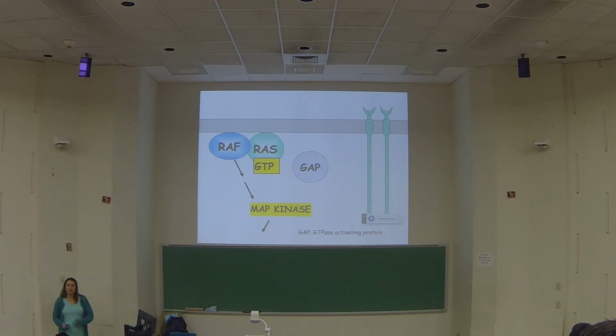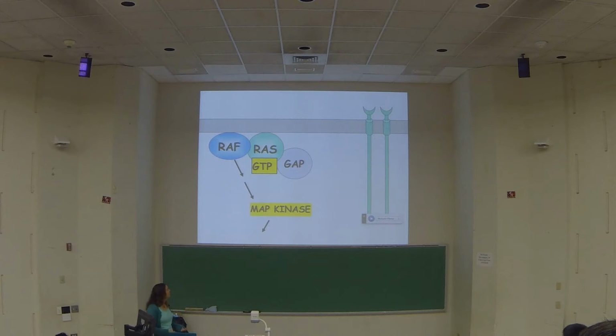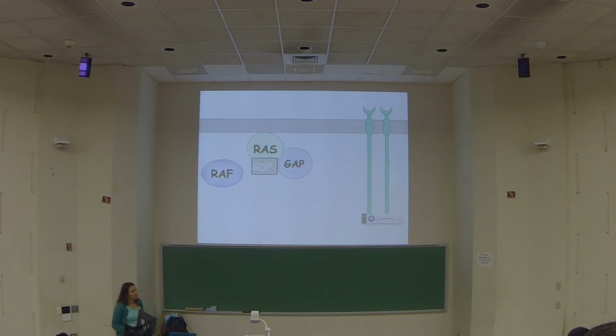And that GAP hydrolyzes the RAS GTP to GDP, turning off RAS, shutting down the pathway.